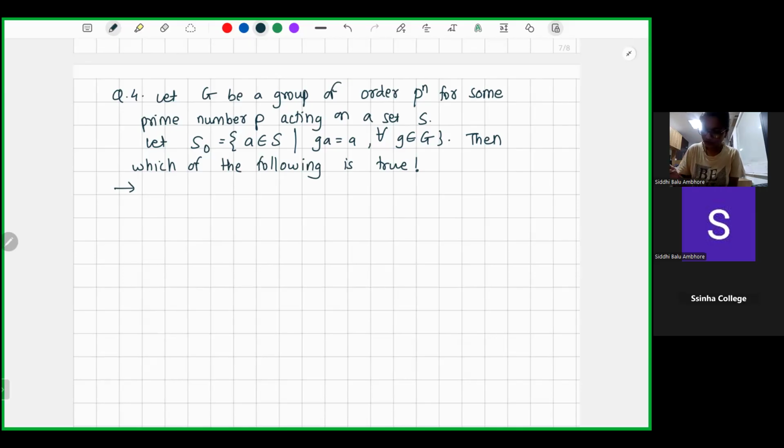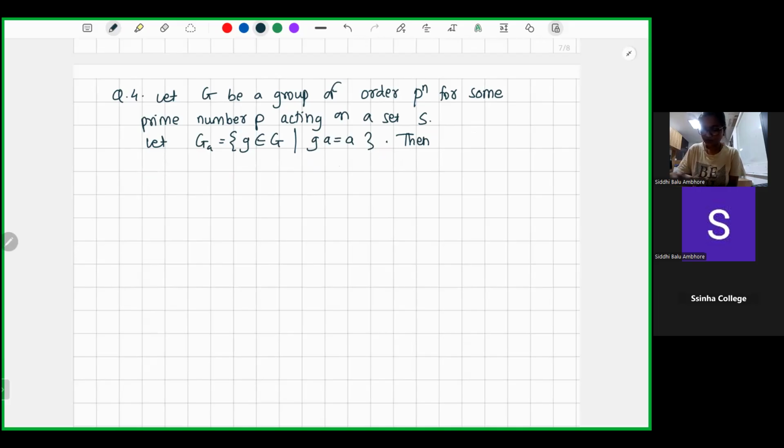No, wait. They have defined it like G_A, all those G in G such that GA is equal to A. So we have fixed the A, and then which of the following is true? Then G_A is a subgroup of G or not.